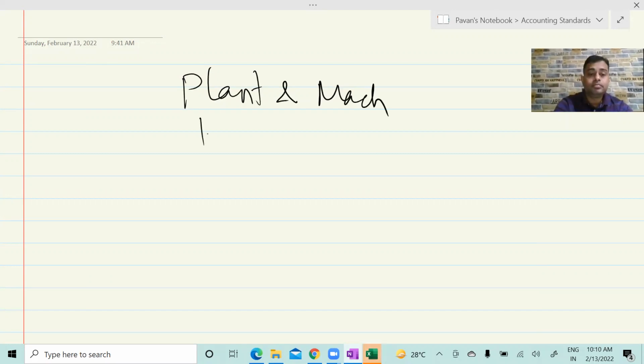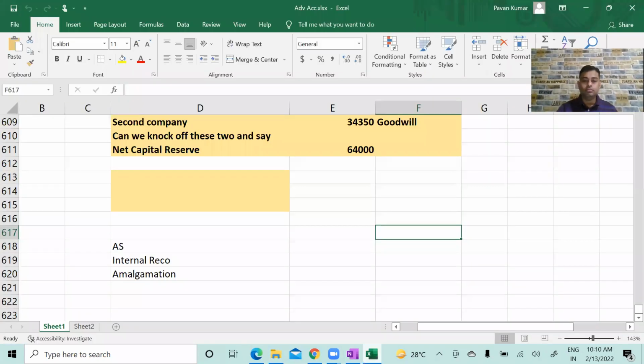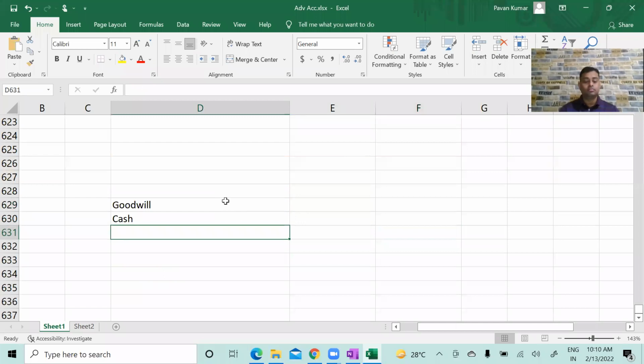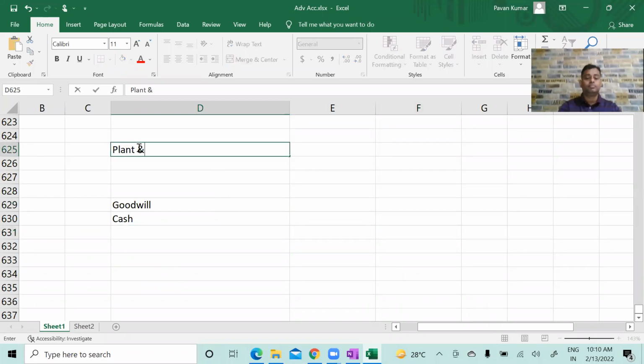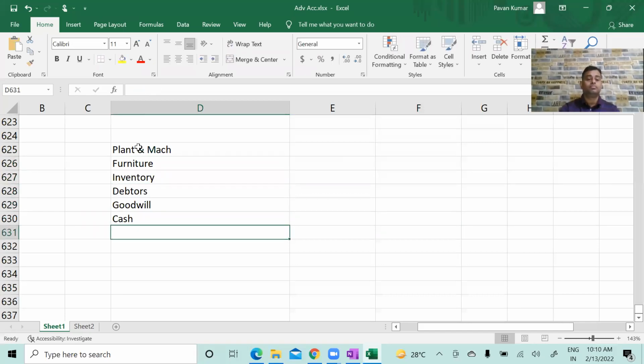Then furniture. Inventory. Then trade receivables, debtors. Then goodwill, cash and cash equivalents. Any other assets?